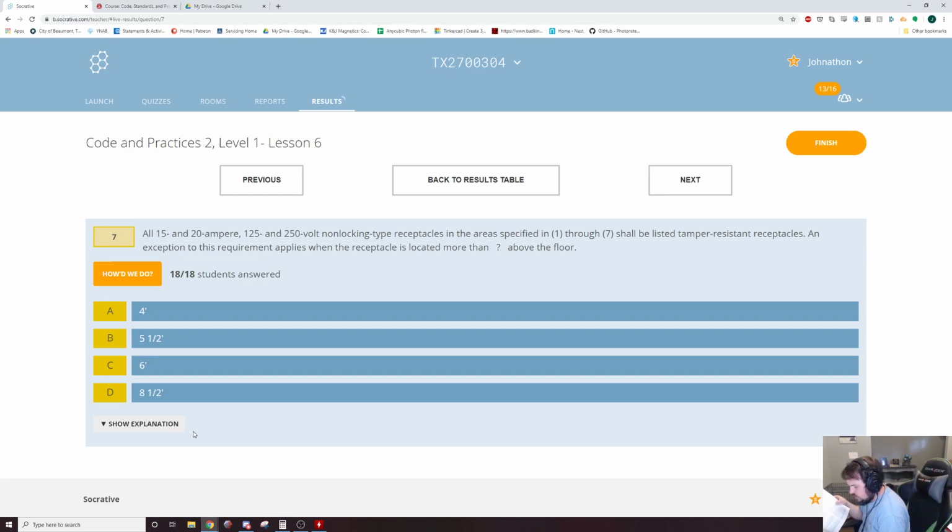Grounding type to be grounded, methods of grounding, replacements. I don't know. 5.5. So let's flip to the back. Receptacles, tamper-proof.